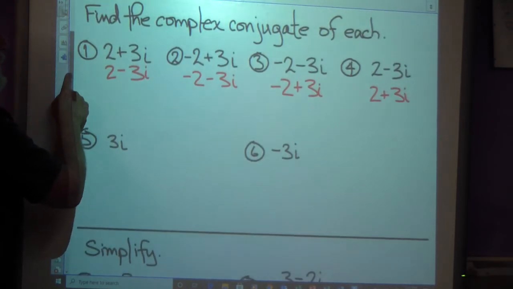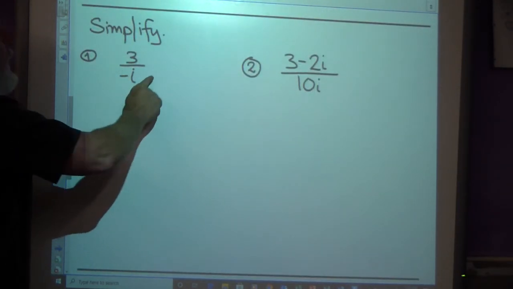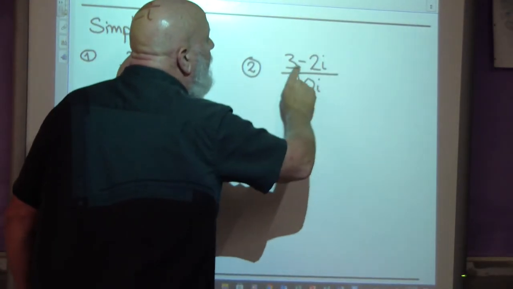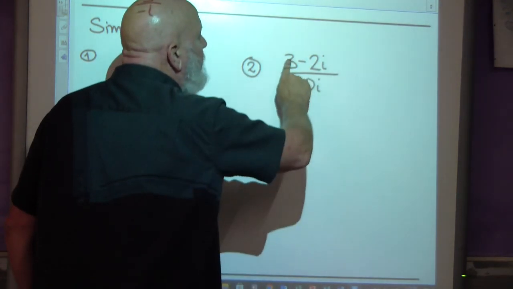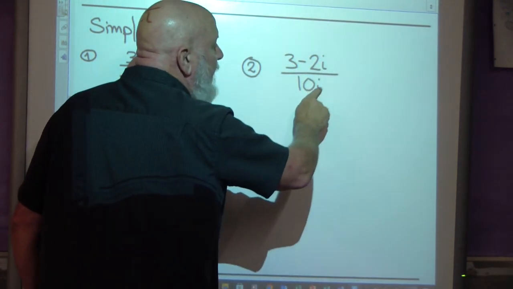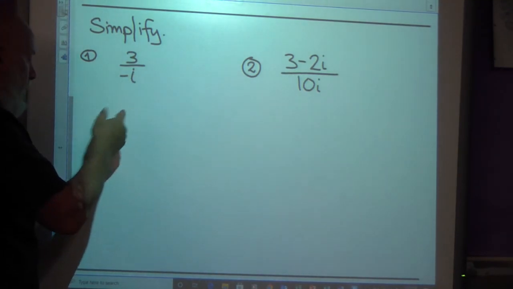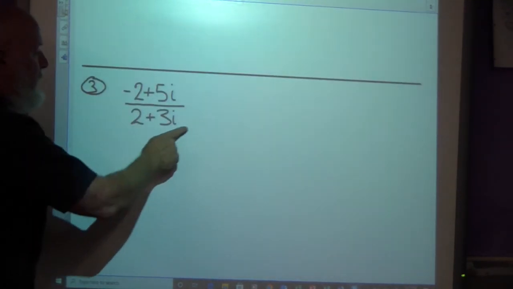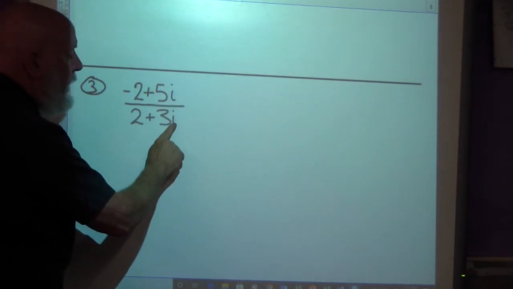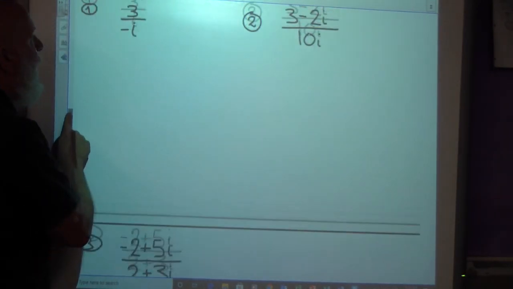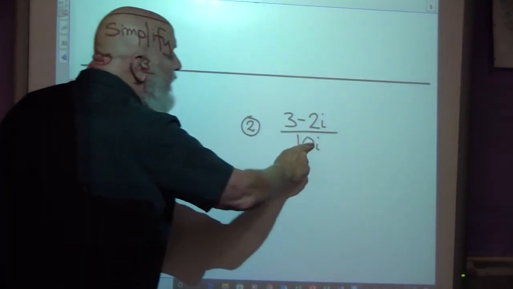So what we're going to try to do is rewrite our complex fractions, where we're taking a complex number and dividing it by an imaginary number here. A number divided by an imaginary. Whenever we divide by a complex or an imaginary number, we want to rewrite this so that there are no i values in the denominator.